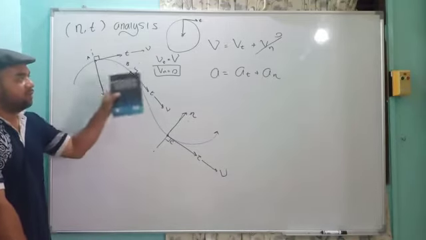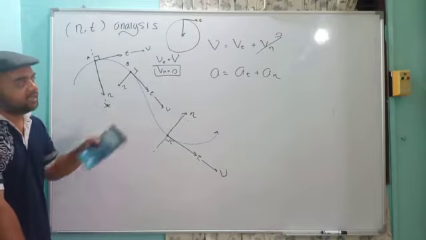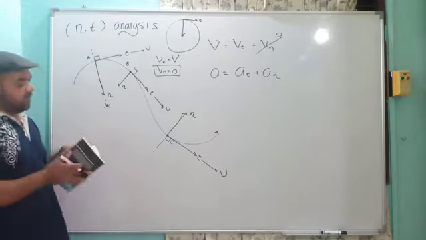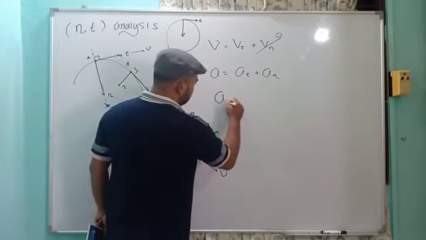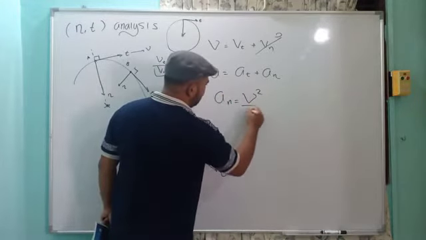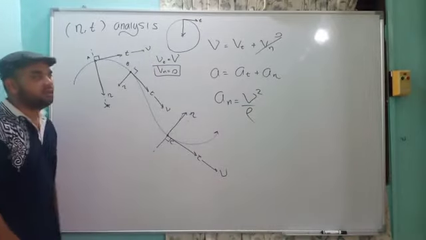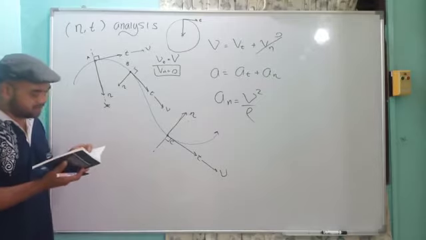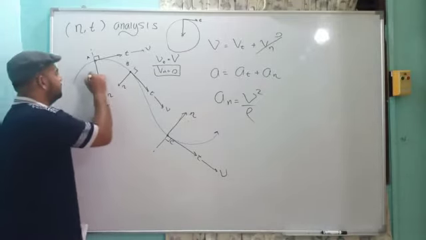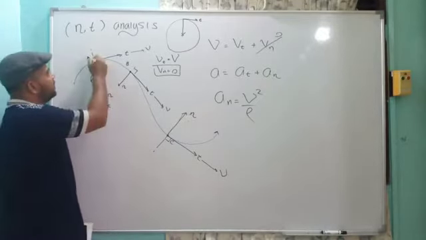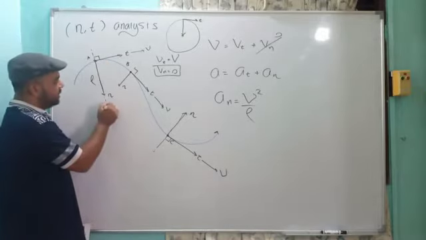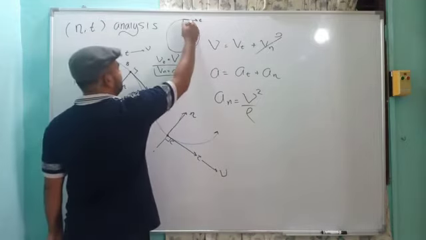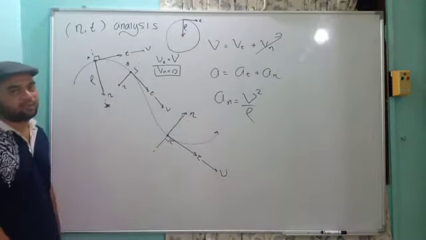Now we have two more, which are a tangent and a normal. A normal is v squared divided by rho. v is the velocity, and rho is the radius of curvature. If you take this line up to the center of rotation, the length here is rho, the radius of curvature.